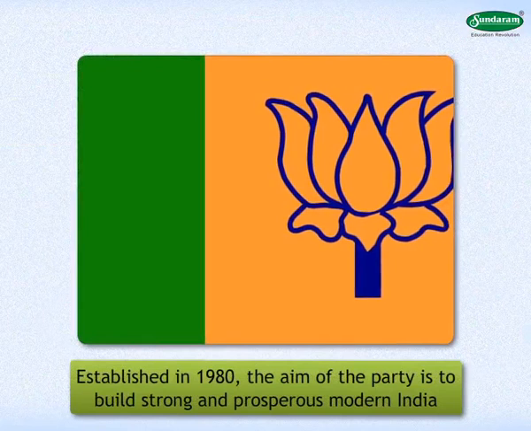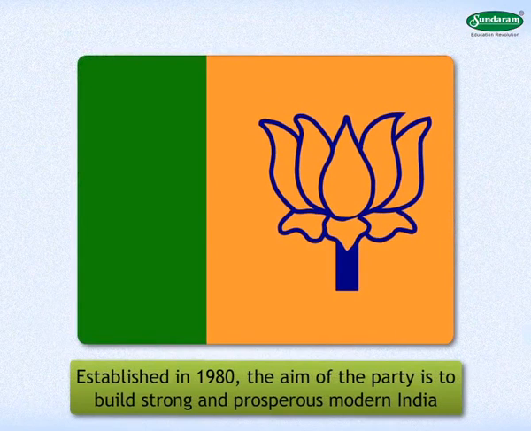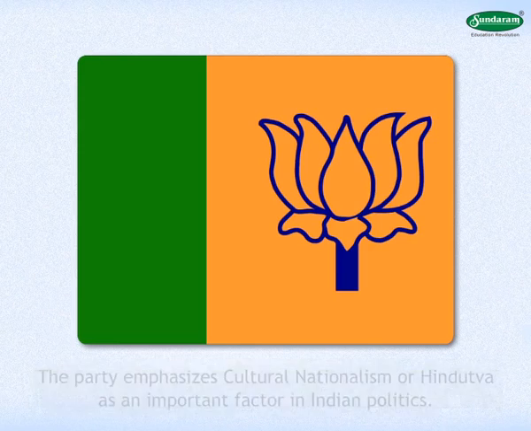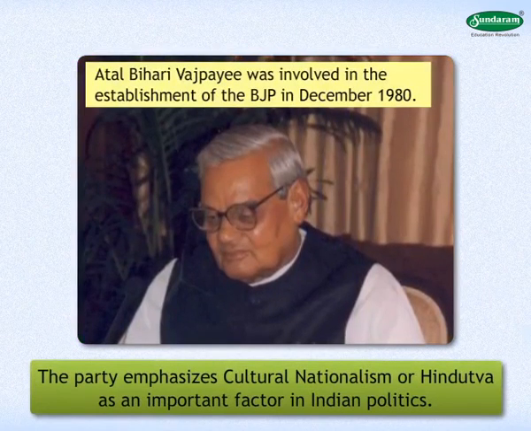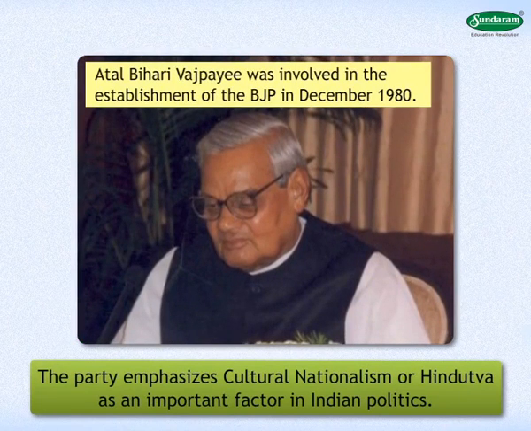2. Bharatiya Janata Party. Established in 1980, the aim of the party is to build strong and prosperous modern India while preserving ancient Indian traditions and culture. The party emphasizes cultural nationalism or Hindutva as an important factor in Indian politics.